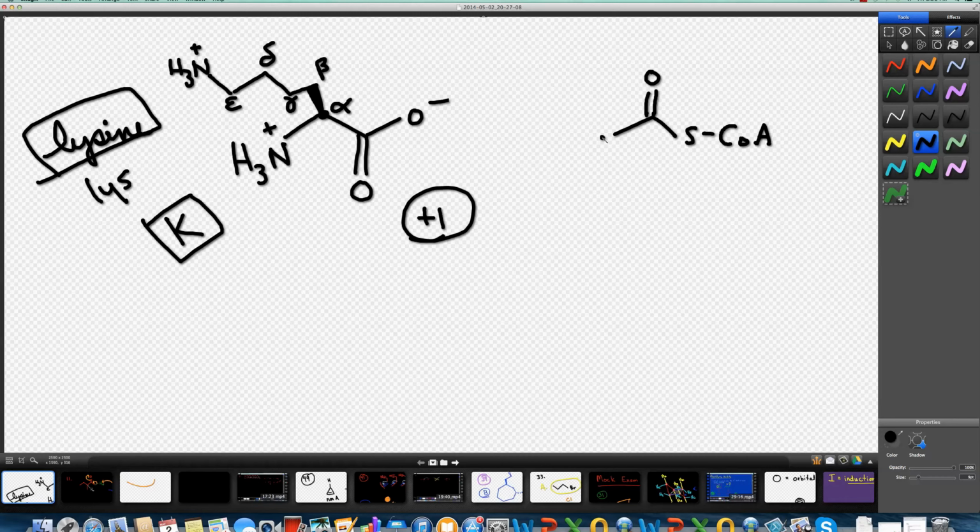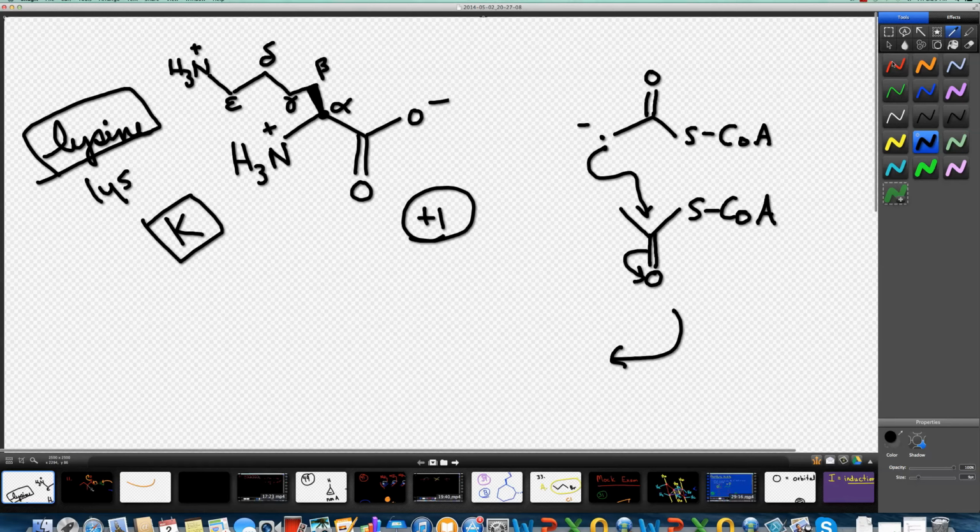We can make an enolate, and we can have it attack the carbonyl of another acetyl-CoA molecule. You're going to get an addition and then elimination, which is the process of substitution.